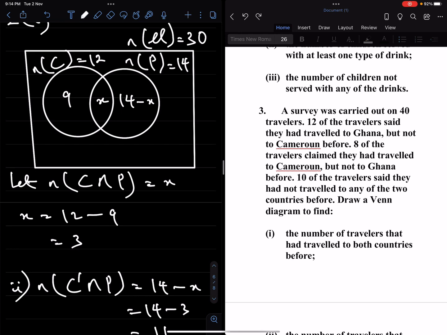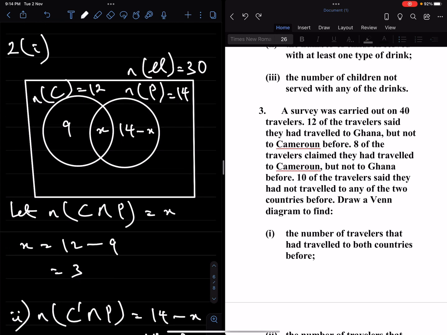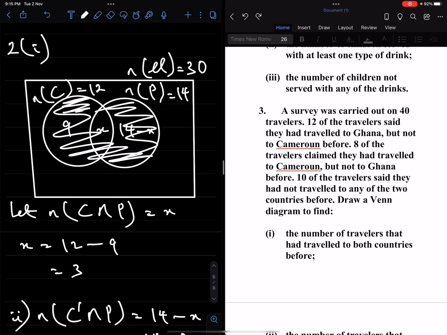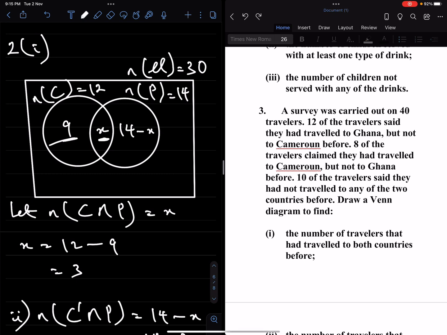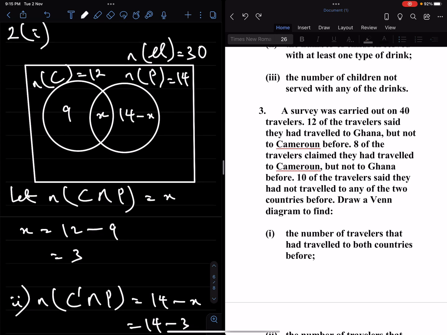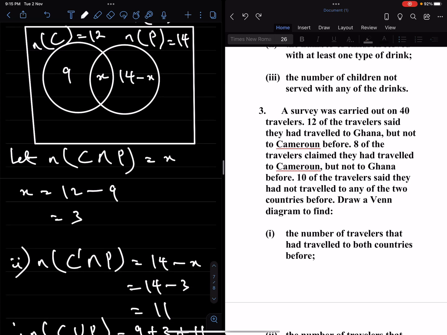We just know that the number of children served with at least one type of drink is the same as the total number of elements inside the whole of these two sets, which is a combination of those who drank only Coke, those who drank Coke and Pepsi, and those who drank only Pepsi. That's all. It doesn't mean that there can be children who were not served any drink, as this question implies. The number of children not served with any of the drinks.